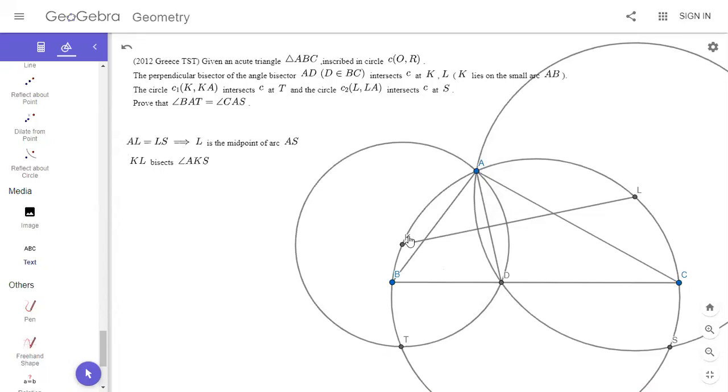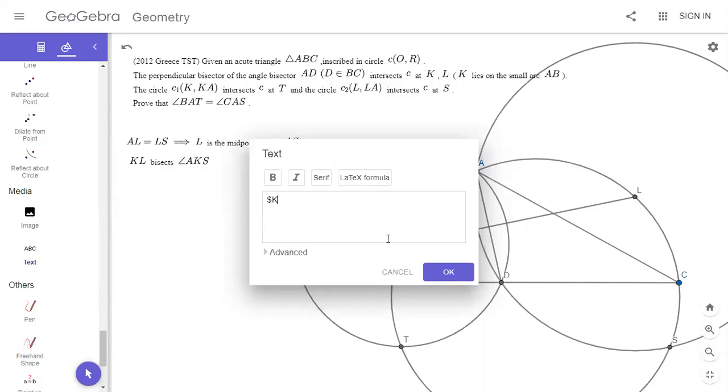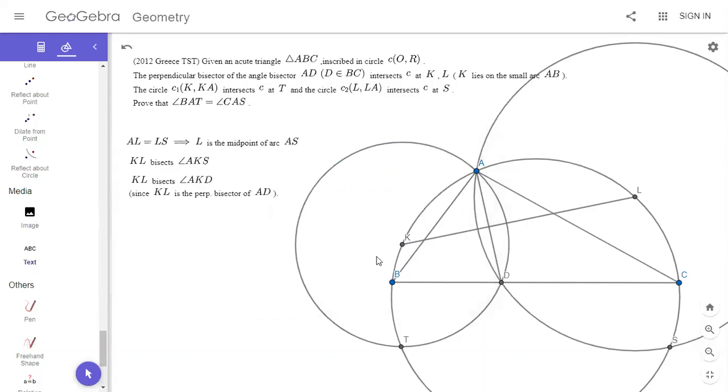And we also know KL is the angle bisector of AKD because, all right.